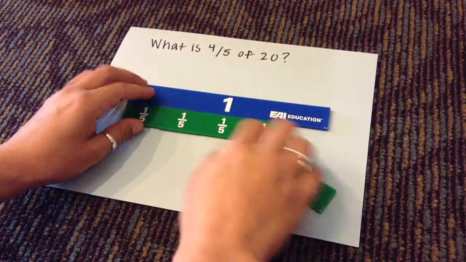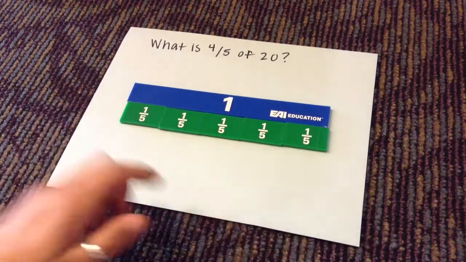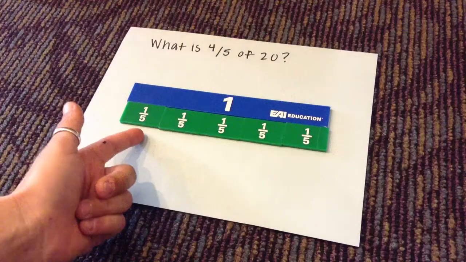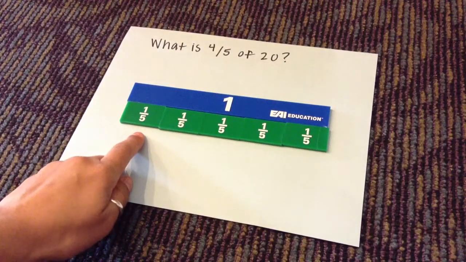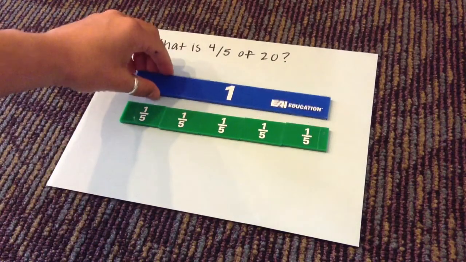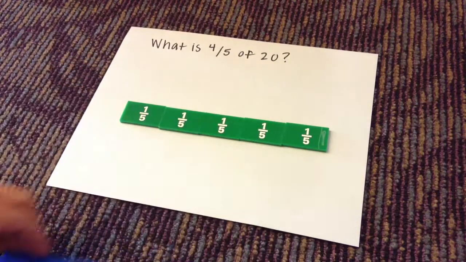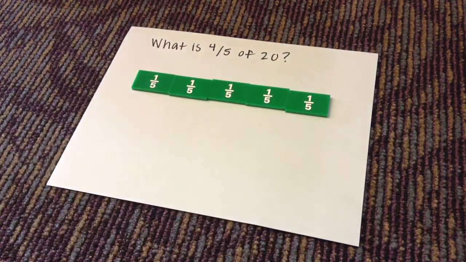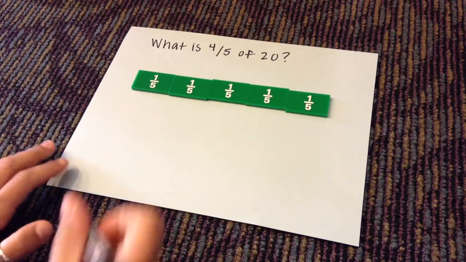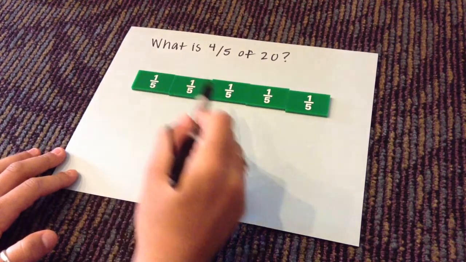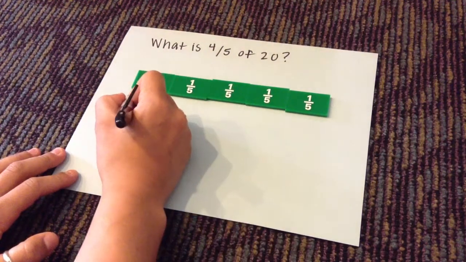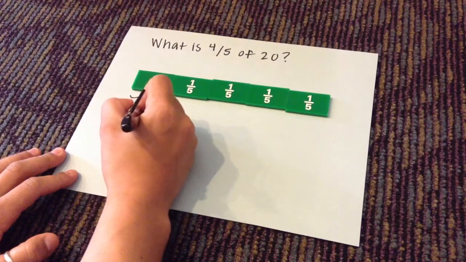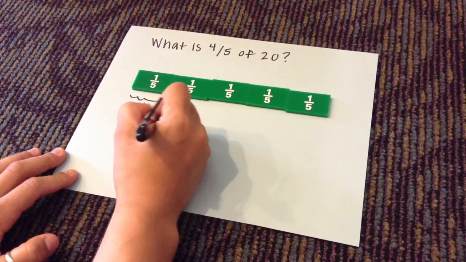We can see that this shows 5 equal-sized parts, size 1/5. We remove that because we know this is equal to 1 whole. See that it's 1/5 for each part, and we saw by doing it with the color counters that for 1/5 of 20, each of these units will be 4 units.